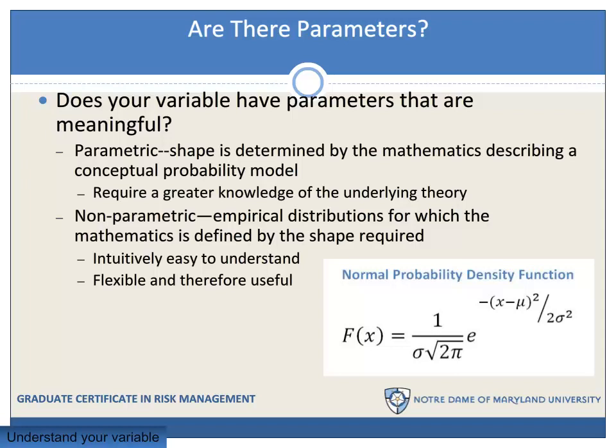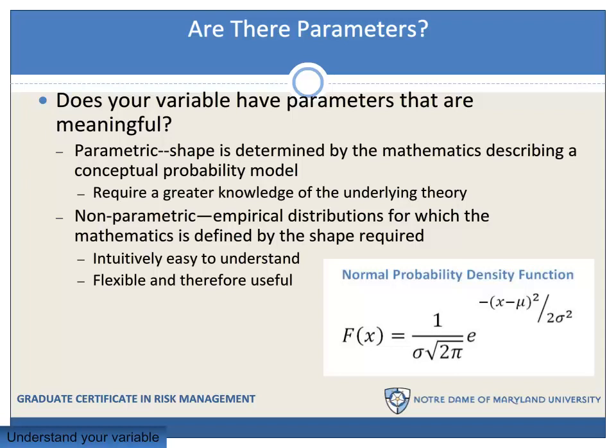But when we step into the world of @RISK and your software and other softwares like that, even when we're looking at non-parametric distributions, like the triangle and the PERT and the uniform, the software will ask us to identify the parameters for that non-parametric distribution.